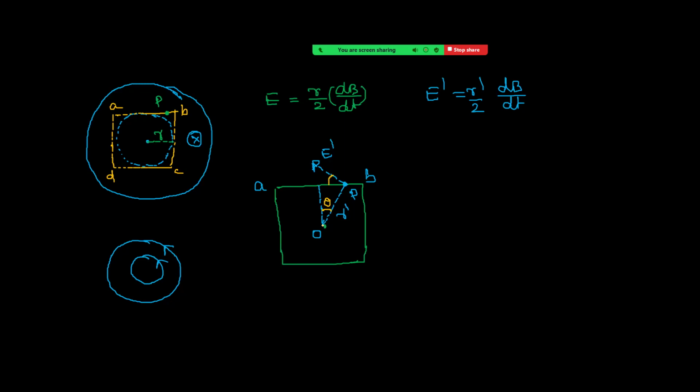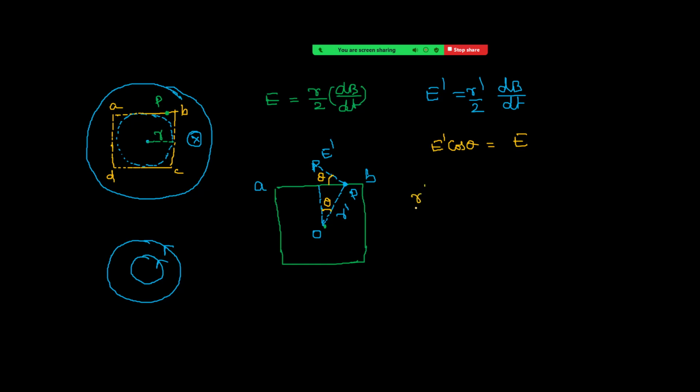Check it once: for this line, this is normal, and for this line, this is normal. So between the normals, the same angle, this is also theta. That means we have to prove that E dash cos theta is equal to E.